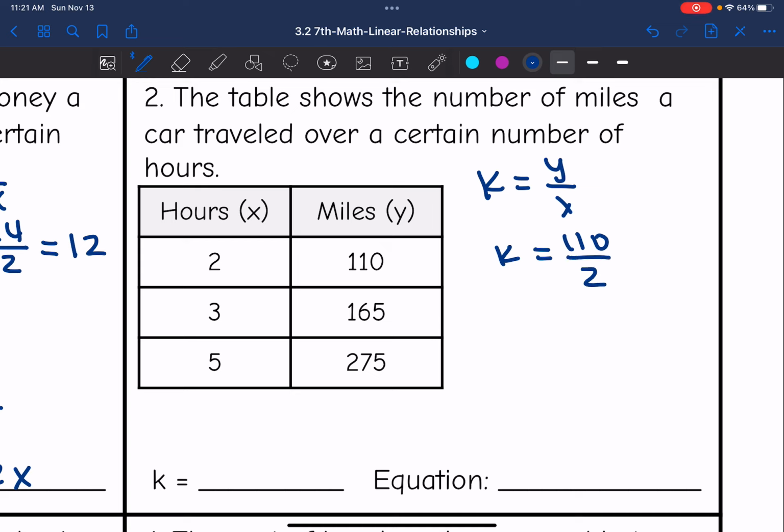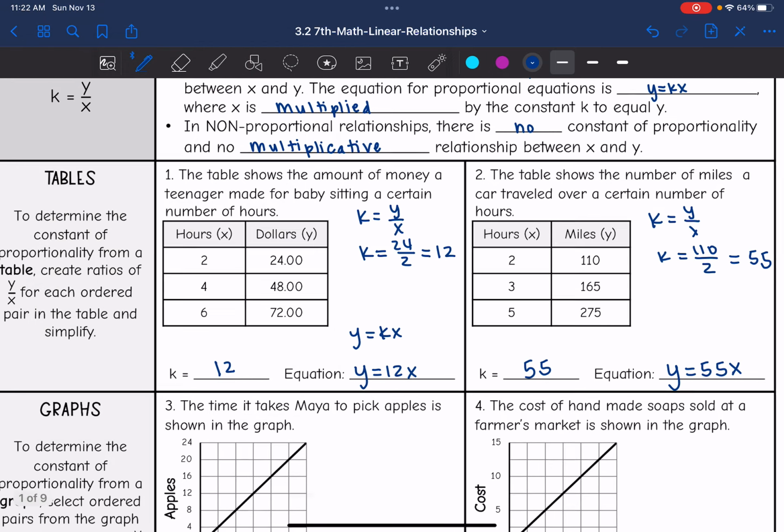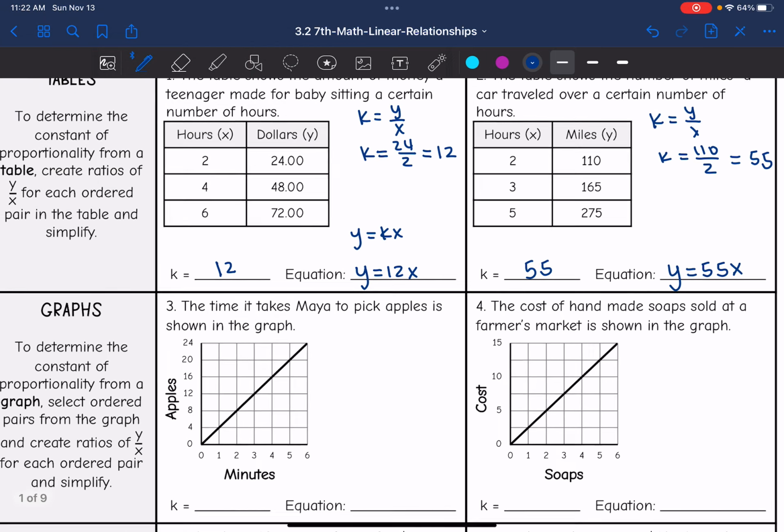And 110 divided by 2 is 55. So that means the constant is 55. And then the equation would be y equals 55x. So that is tables. You just choose an ordered pair and do y divided by x to find the constant and the equation.